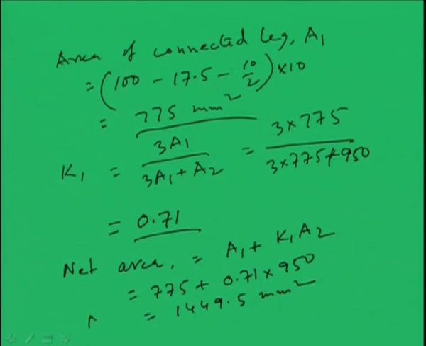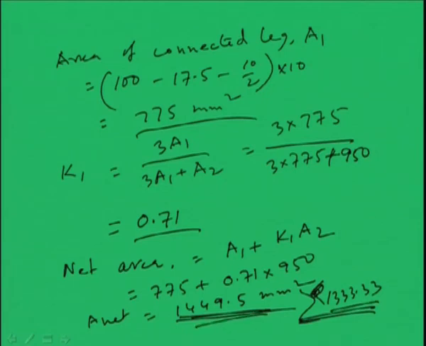So net area A net is becoming 1449.5 millimeter square, right. This is greater than the required net area, which is 1333.33. So the available net area is greater than the required net area. So it is okay.